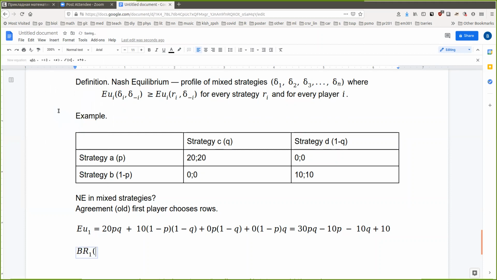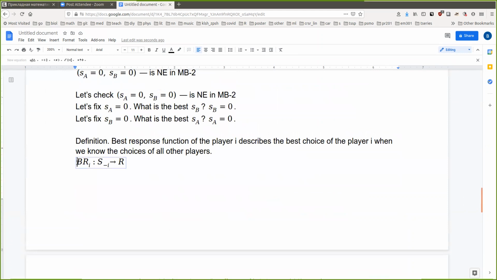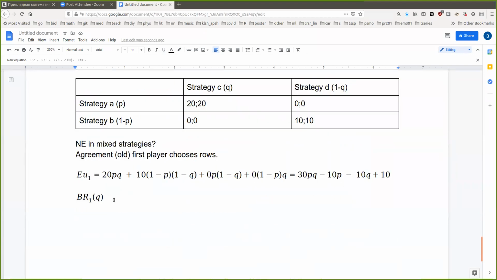It depends on Q, on the choice of the other player. Once again, let's look at the definition: the best response function of player I is an instruction to player I on what to do depending on the strategies of other players. So the best response of the first player depends on Q.